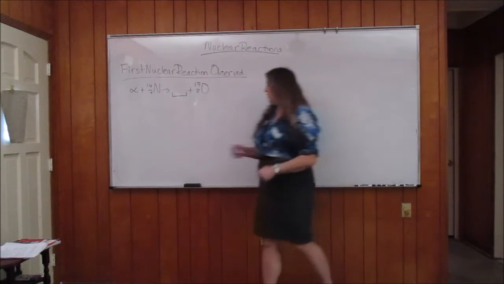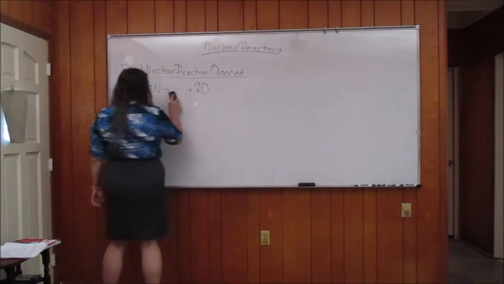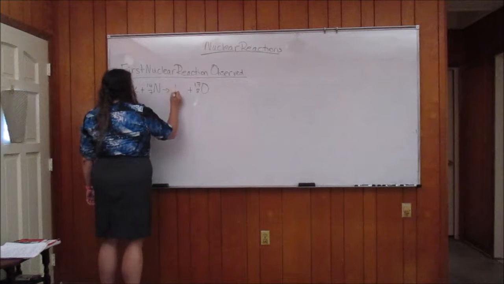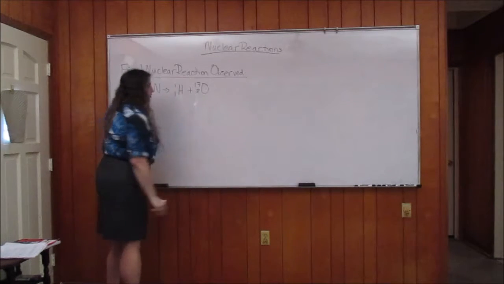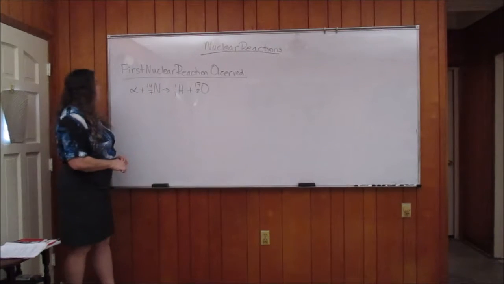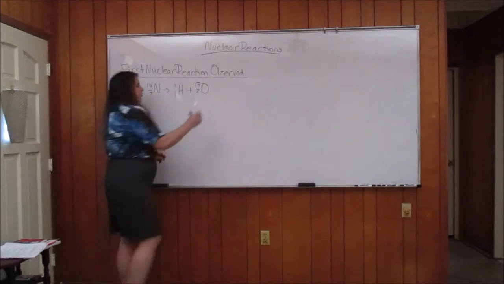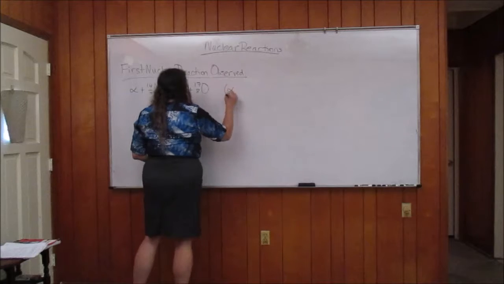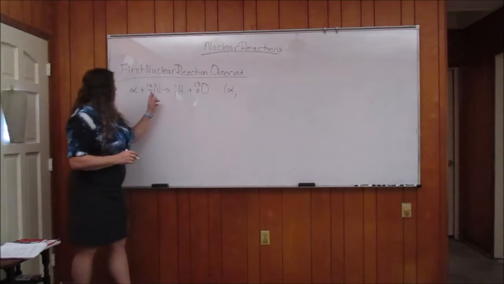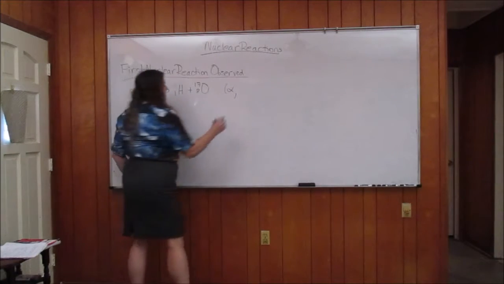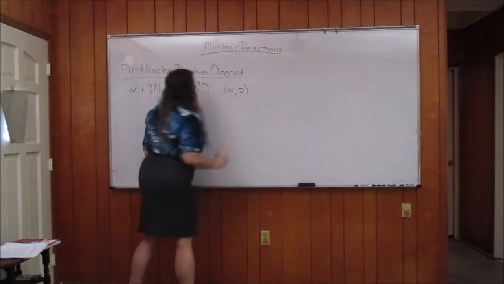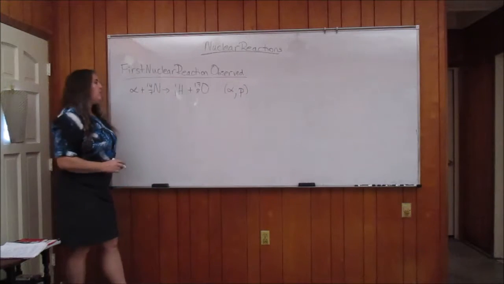So he concluded that a hydrogen nucleus must have been produced in this reaction. As it turns out, this is one of a series of similar reactions where an alpha particle bombards a target and a proton is produced, as well as a daughter nucleus.